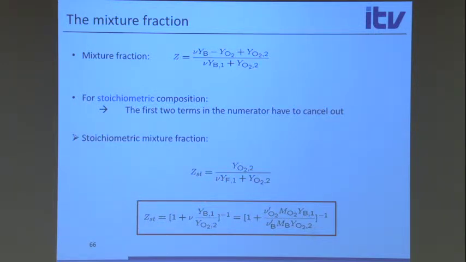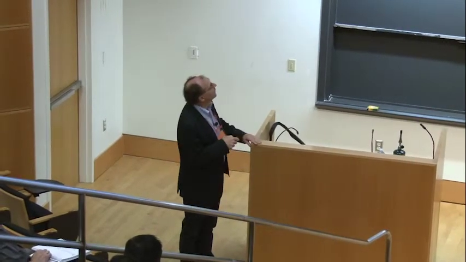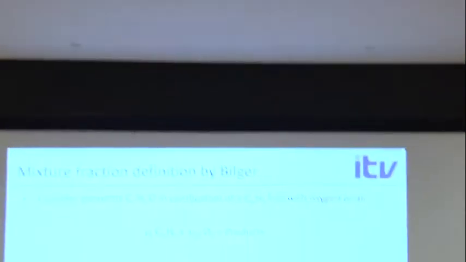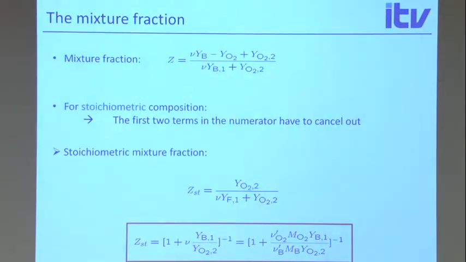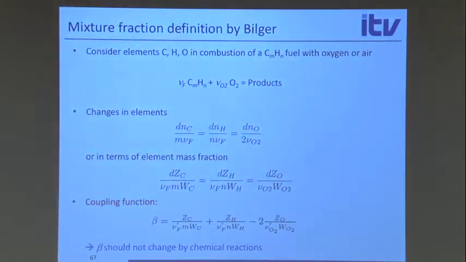And I can write it like this or like this. In a sense, this just gives you the local equivalence ratio, but in different values. This is shown on the next slide. No, it's not shown on the next slide. This is shown in a minute. Yeah, so let's wait until that comes.